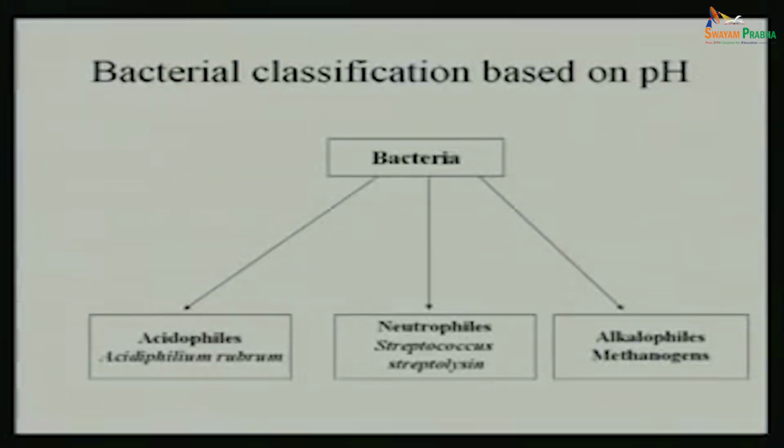Some reports say that some bacteria can withstand up to 140 degrees centigrade. Based on the pH requirement, the bacterial world can be divided into acidophiles, that is acid loving bacteria, neutrophiles, that means they survive in neutral pH condition, and alkalophiles, which are very comfortable growing in alkaline condition.